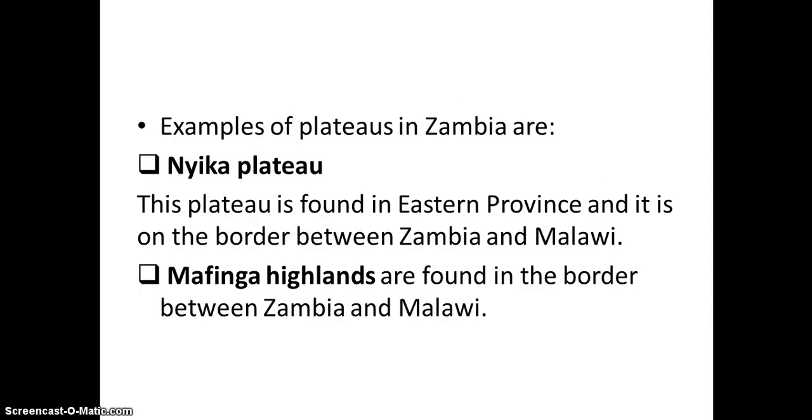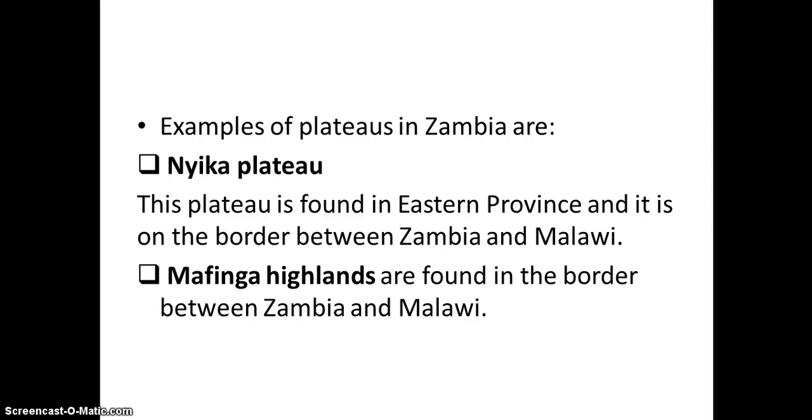But it is important to know particular plateaus which are famous, which are well known. What we have is the Nyika Plateau. There is a video you can watch. I think I posted it in the last lesson. It's a very interesting, very attractive place to be at.